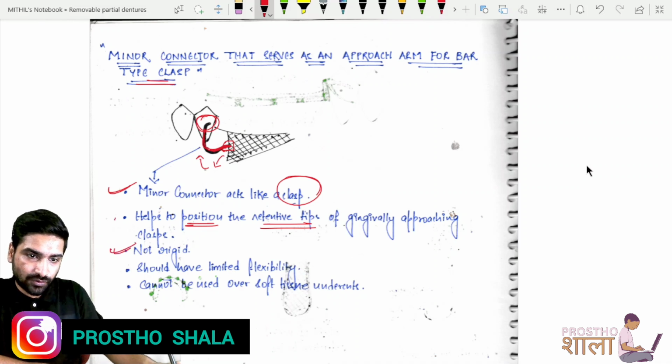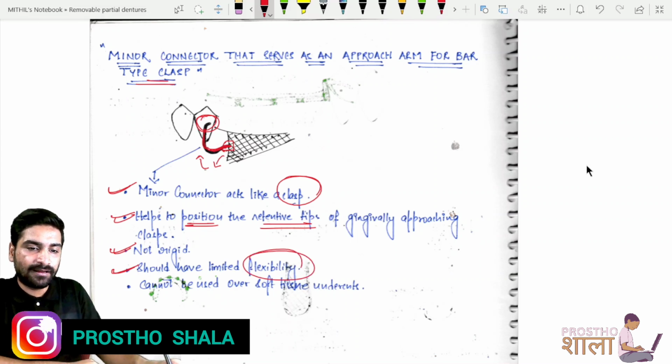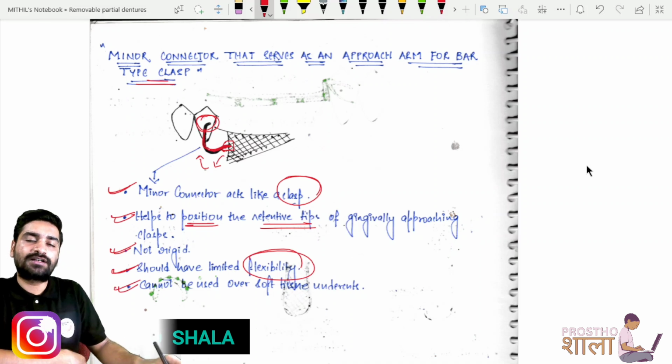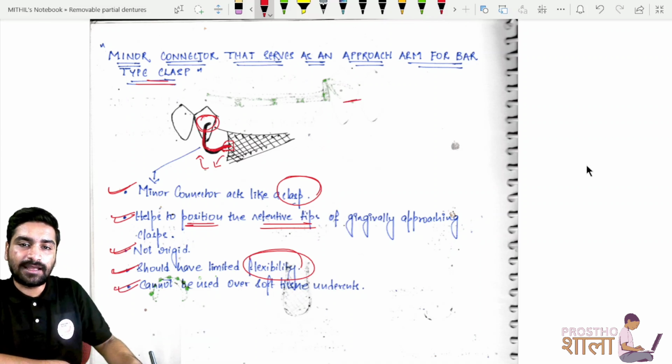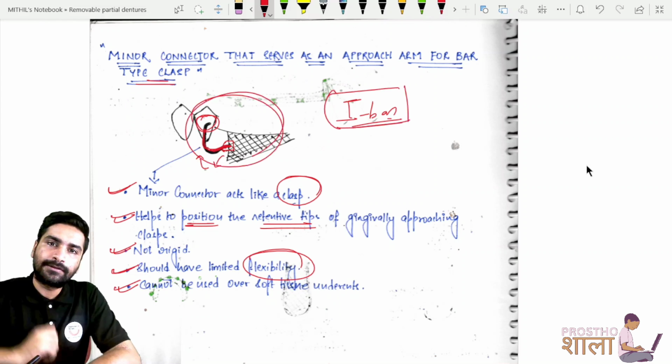It is not so rigid, so not so strong, and should have a limited amount of flexibility so that retention or adaptability is maintained, and wherever there is a soft tissue undercut you cannot use it. So ultimately an I bar type of clasp cannot be used in soft tissue undercuts. This kind of connector also you will not see in soft tissue undercuts.